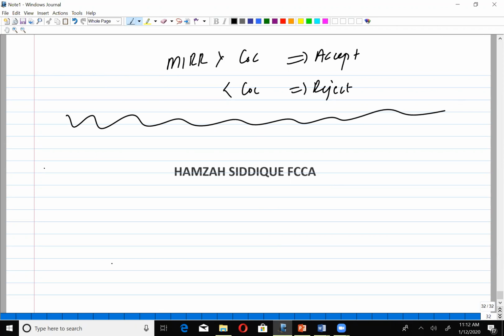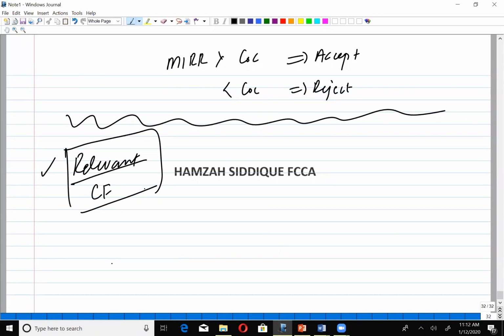Students, remember, first of all, relevant cash flows are included. What is the meaning of relevant cash flow?